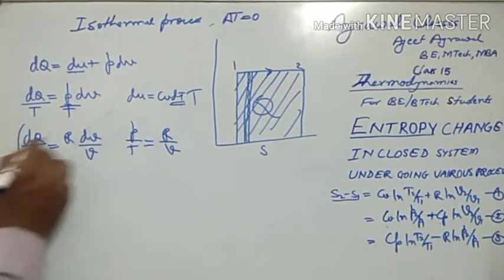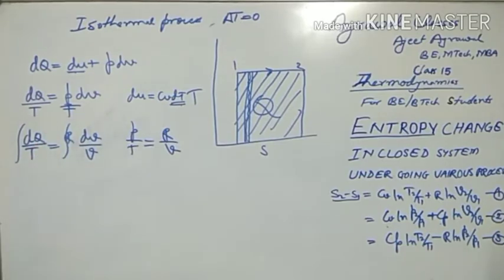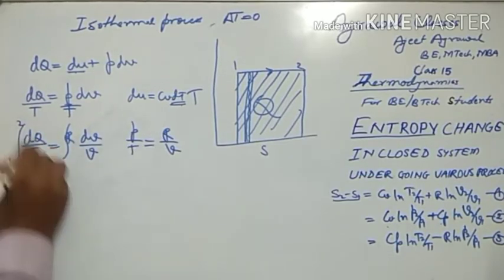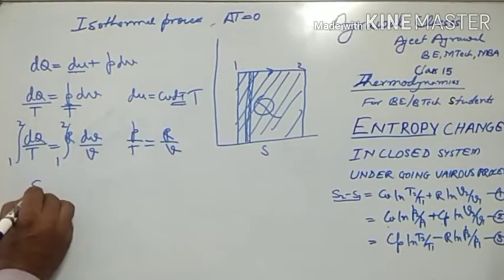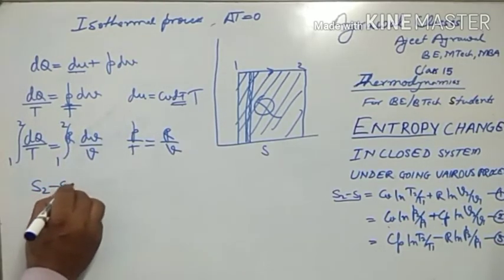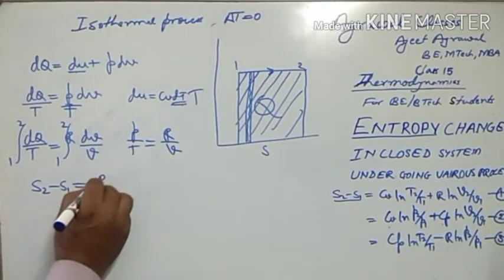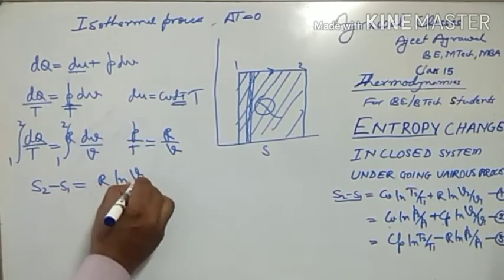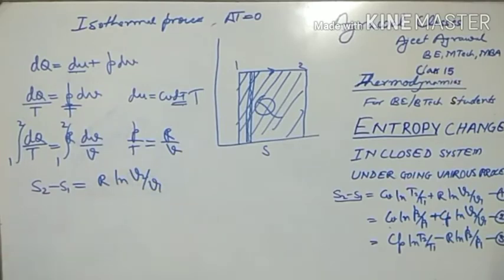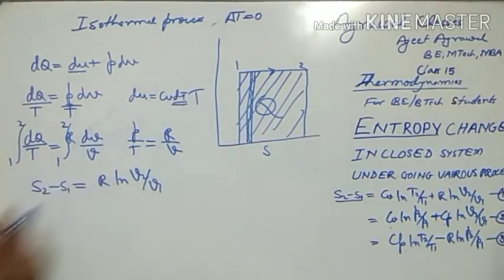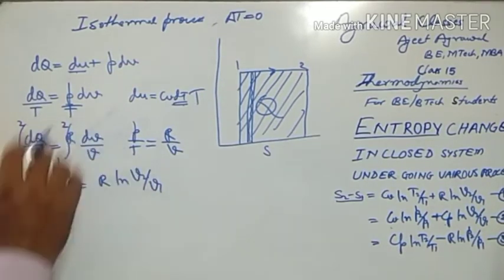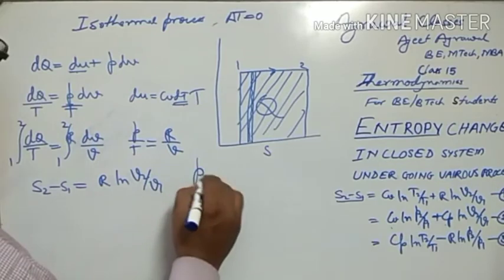And to find the total entropy change during the process, we will integrate from the initial to the final state. So it becomes S2 minus S1 is equal to R log of V2 upon V1. So that is the entropy change during the process. This volume we can replace by pressure also from the isothermal process.